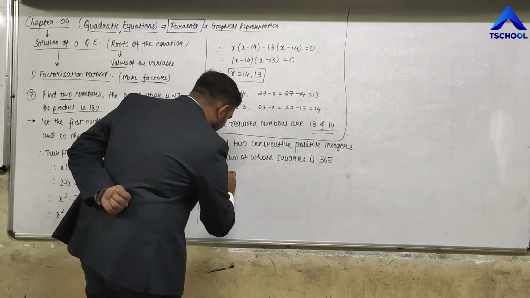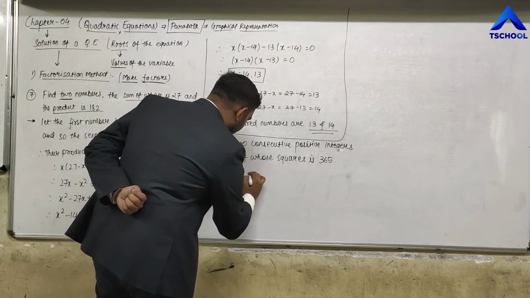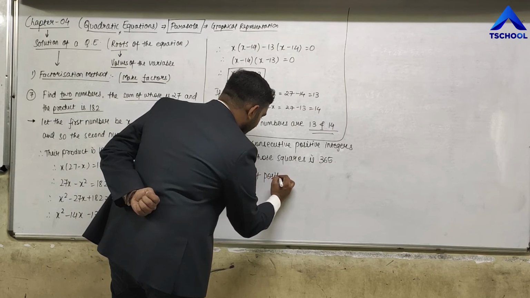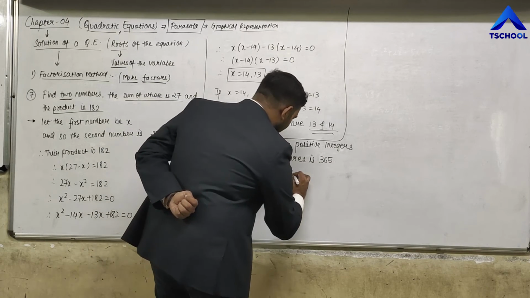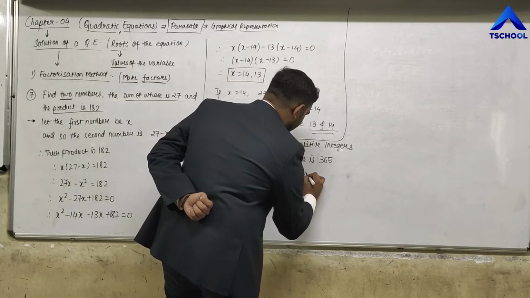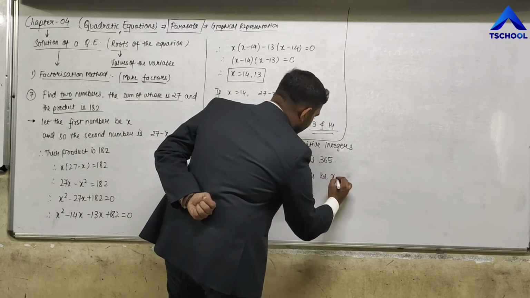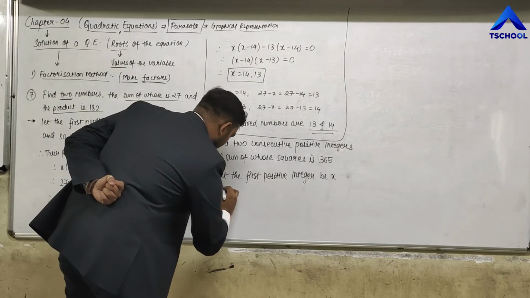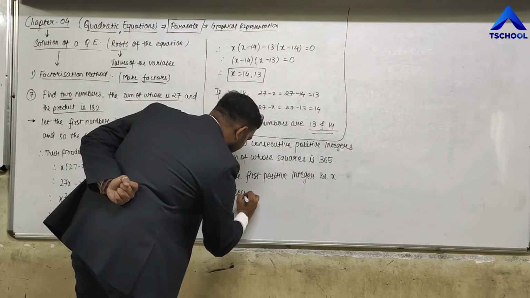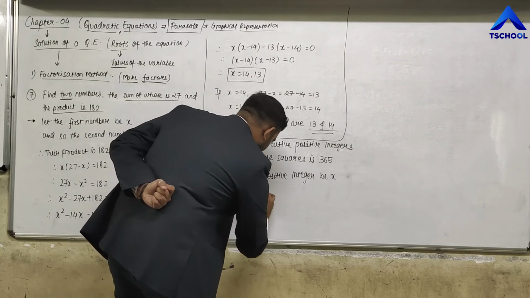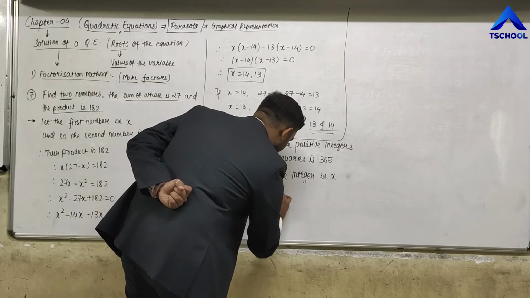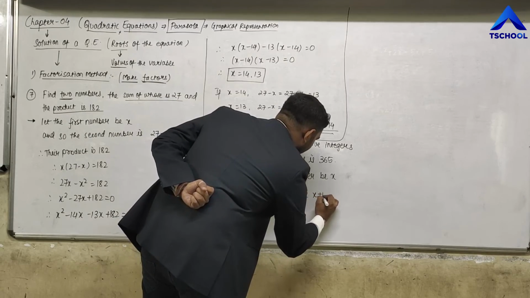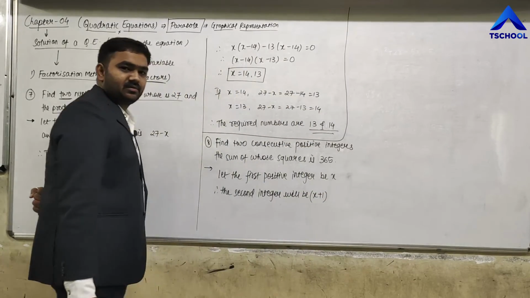Right? Let the first positive integer be x. Therefore, the second integer will be x plus 1.